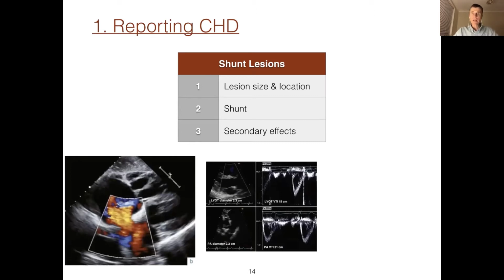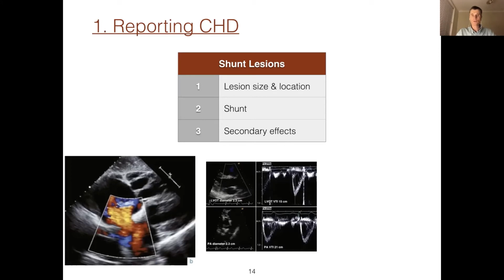Now, it is possible to measure a Qp:Qs, so that's a measurement of the ratio of flow in the systemic versus the pulmonary circulation. And some cardiologists oftentimes ask for that. I've provided some details in some of the lectures about how to measure that.